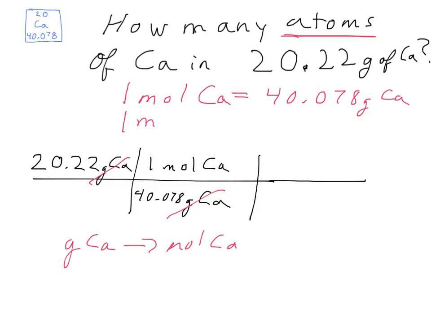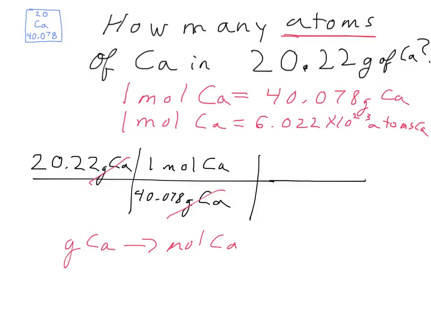We know that 1 mole of anything, hammers, baseball cards, pizzas, 1 mole of anything is 6.022 times 10 to the 23rd of it. So I know that if I have 1 mole of calcium, I have 6.022 times 10 to the 23rd atoms of calcium.